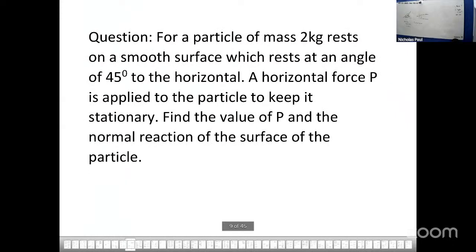Alian, suppose this surface was rough. What are you going to do? If something's sliding but the surface is rough, we have to include what? Friction, right? But we're doing that later. Last question: the diagram is the most important thing. If the diagram is wrong, you get this whole thing wrong.